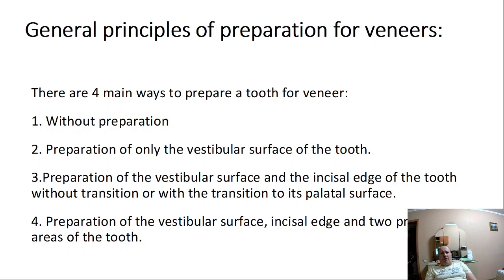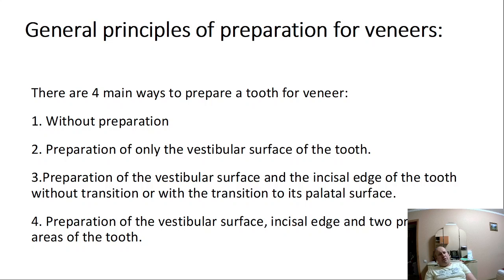General principles of preparation for veneers. There are four main ways to prepare a tooth for a veneer. Without preparation, yes, it can be; we'll discuss it later. Preparation of only the vestibular surface of the tooth.